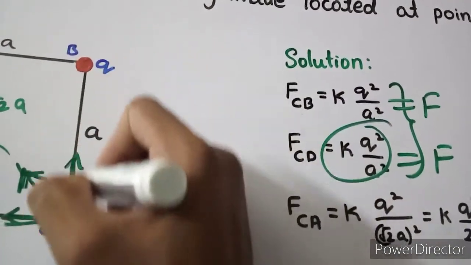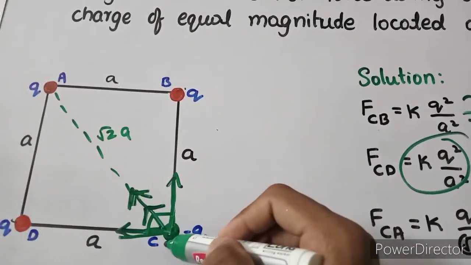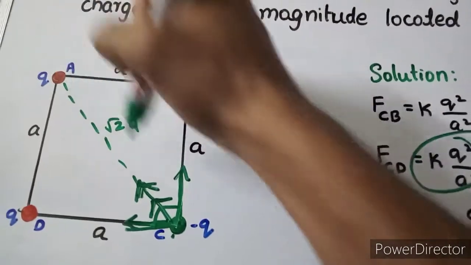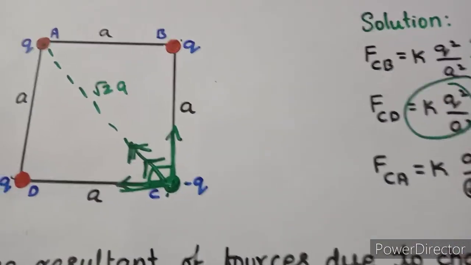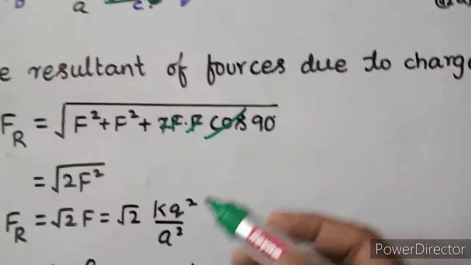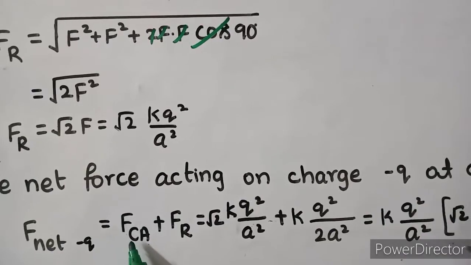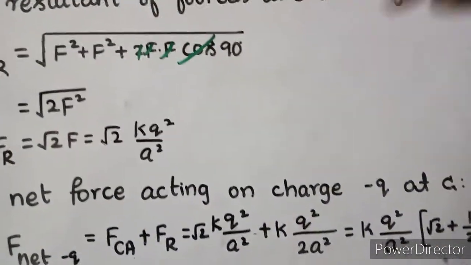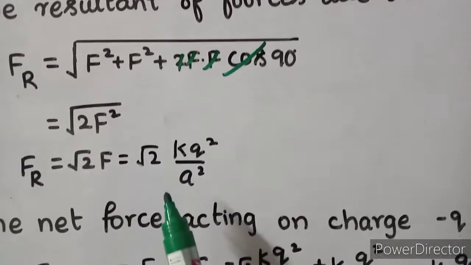That means the resultant force due to these two forces is along the same direction as the force due to A on C. So I can add these two forces. So the net force is given by the force due to A on C plus the force due to those two charges, that is the resultant force.